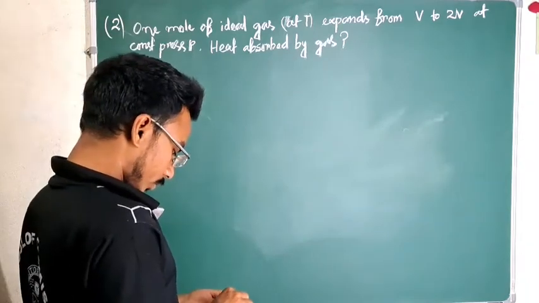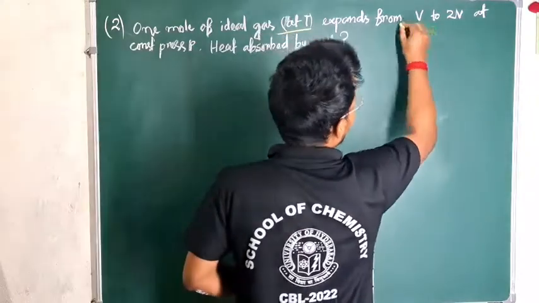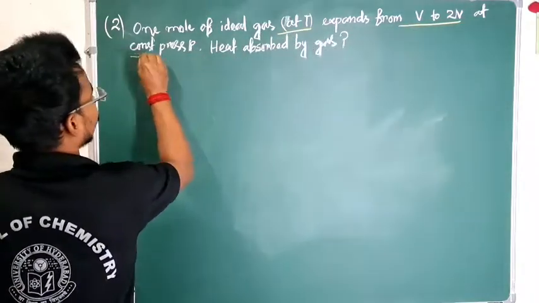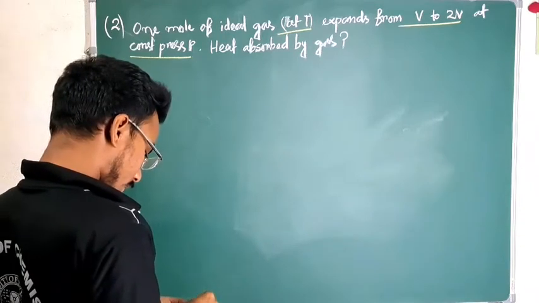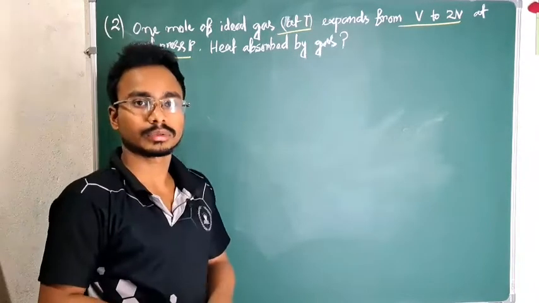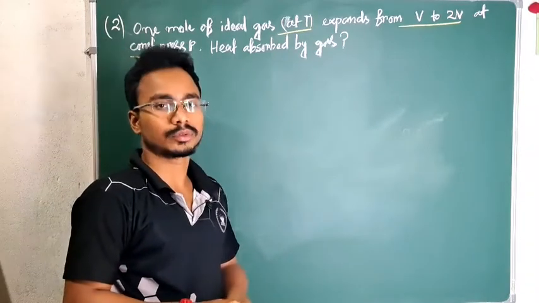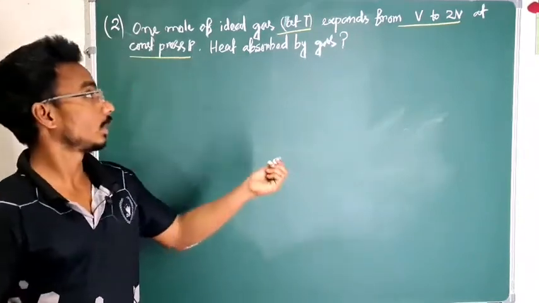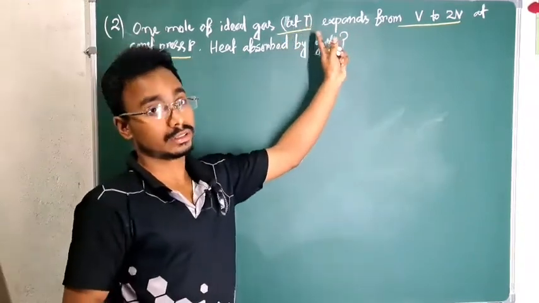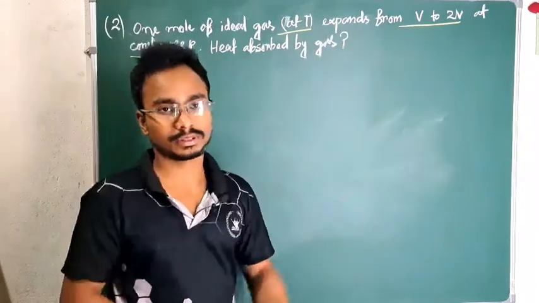So what is given is that it is an isothermal process, expansion is occurring, and at constant pressure. At constant pressure in an isothermal process, what is the work? We have to calculate work to calculate the heat. Frame the question in your mind: isothermal, constant pressure, and expansion is occurring.